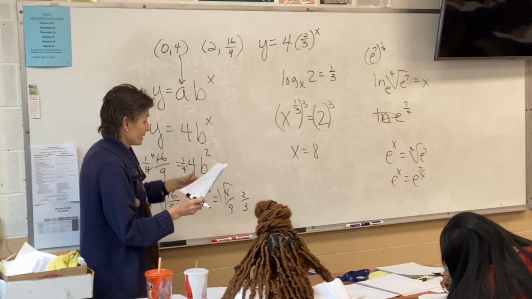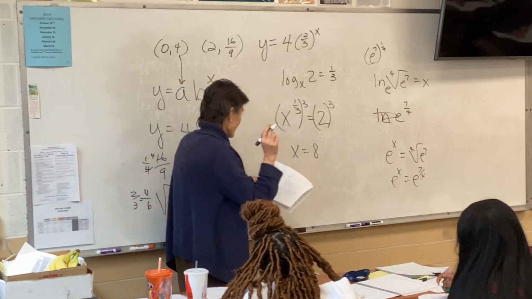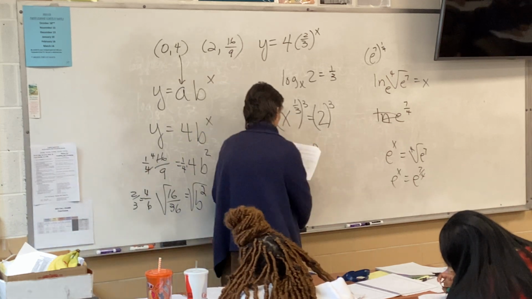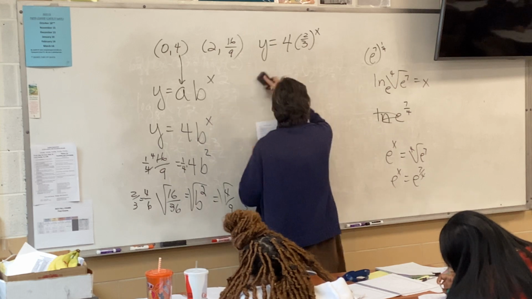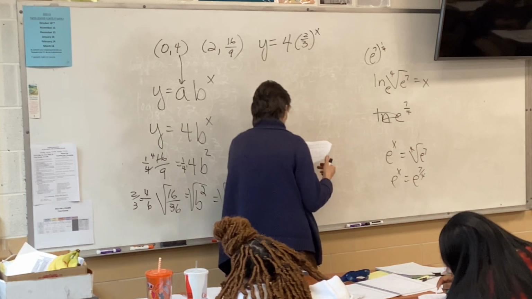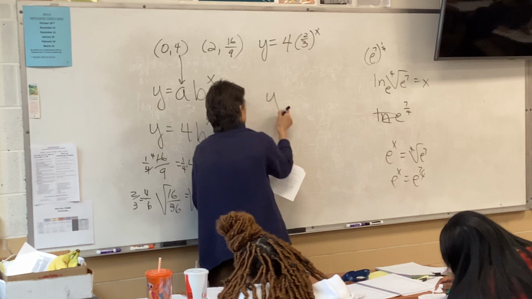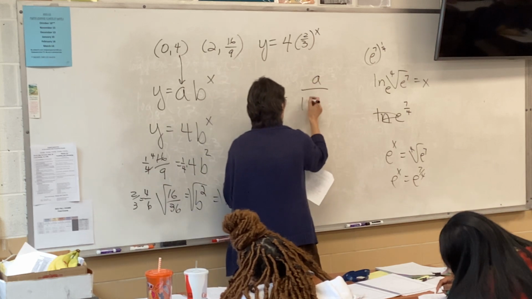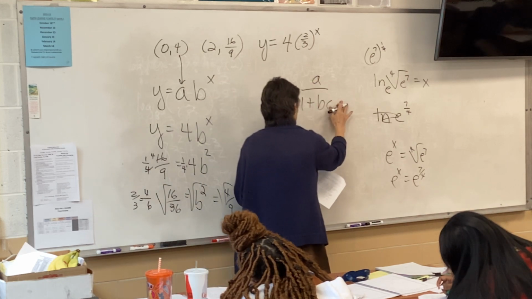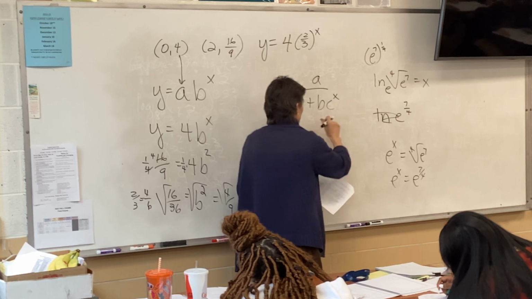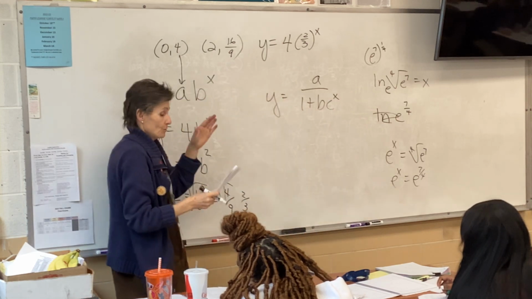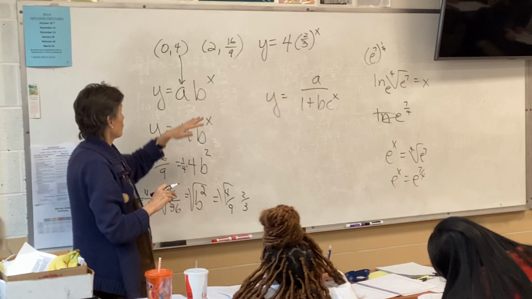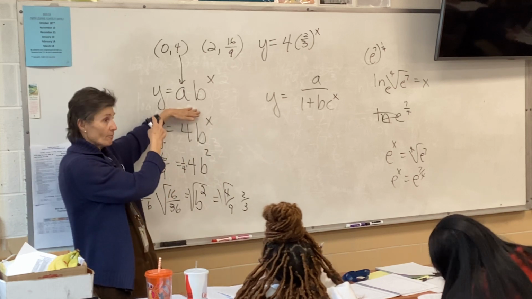All right, let's see if we can get through the next one. This one has a calculator star next to it, so we're allowed to use a calculator if we need it. We're writing another equation, but it's a logistic. So you've got to remember the general form of an exponential, right there.